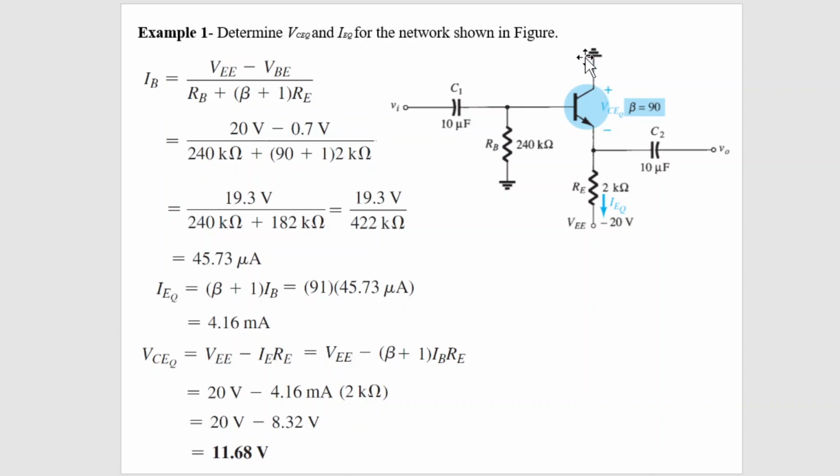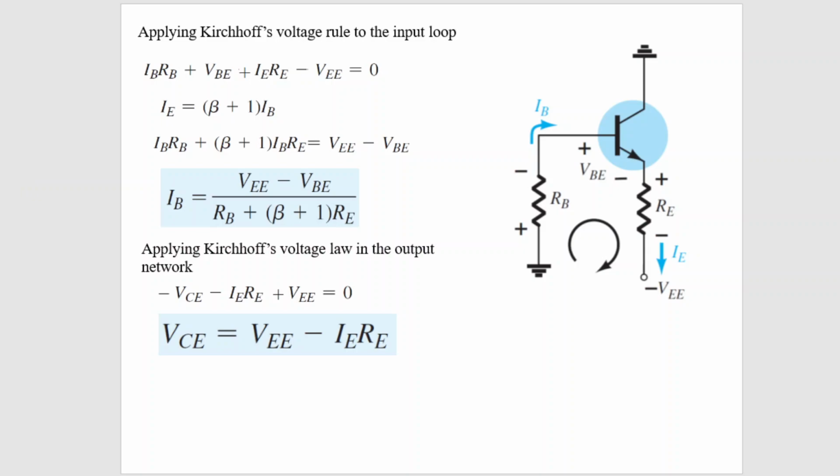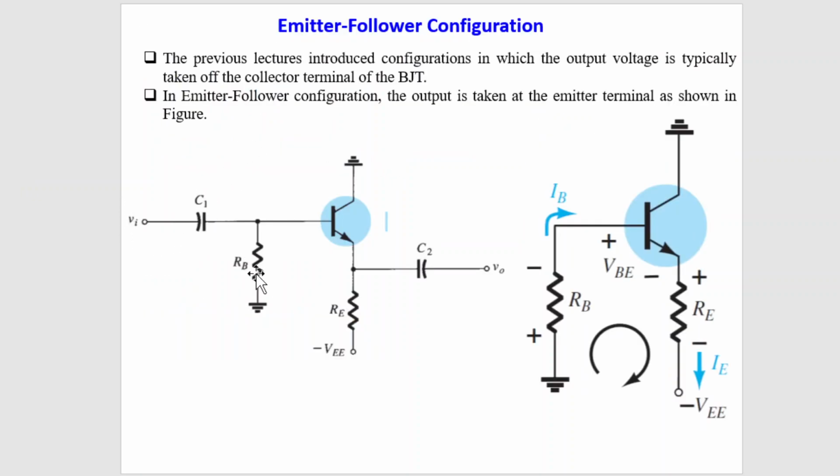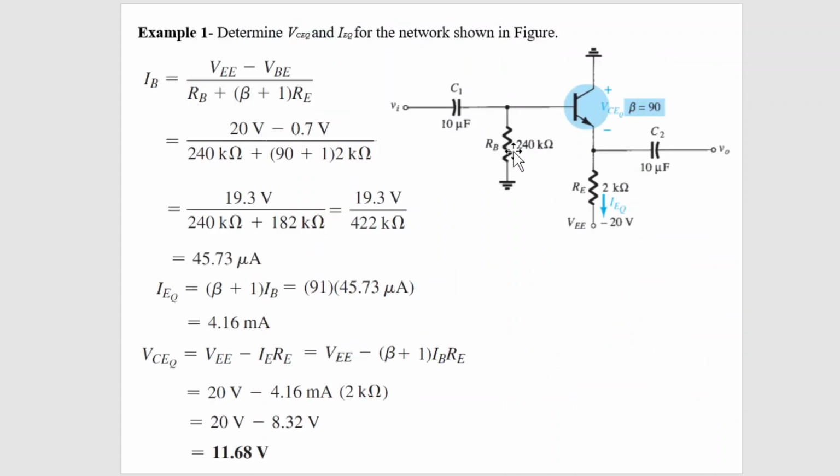This circuit is similar to the circuit I have shown in the theory: VI, C1, RB, RE, minus VEE, C2, VO. The values given are RB is 240 kilo ohm, RE is 2 kilo ohm, and beta is 90.